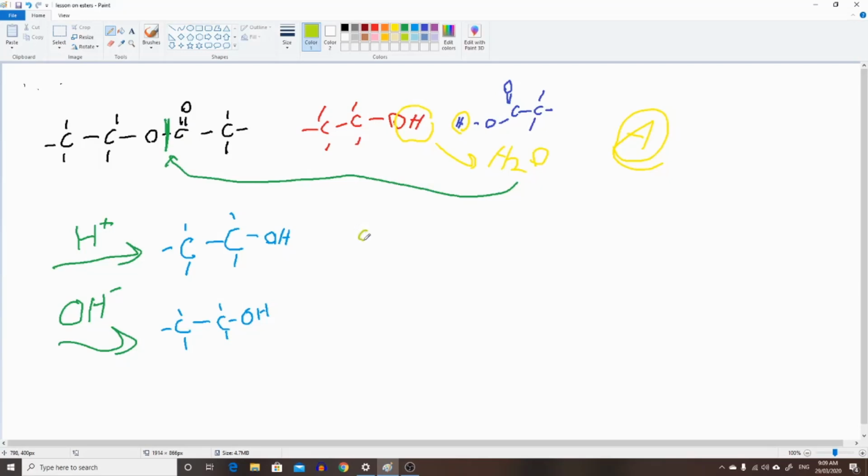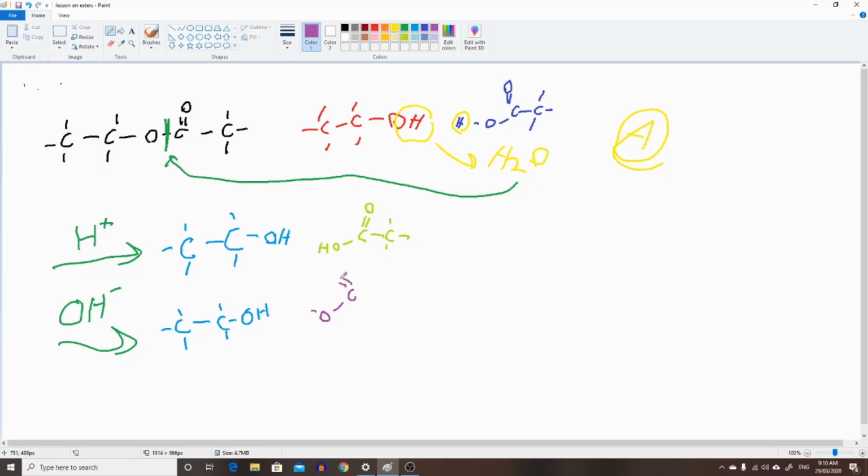Of course, in acidic conditions, you're going to be able to keep that acidic proton. So the H will be stuck to the O there. You'll have your double bonded O here, and then you'll have your other carbon finishing off the ethanoic acid. But the difference with your base environment is that you're not going to have that acidic proton there because, of course, when there's a bunch of OH floating around, any proton that can be soaked up will be, and it'll be soaked up to make water.